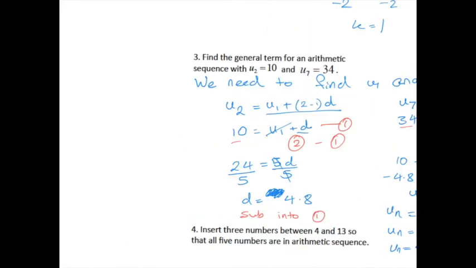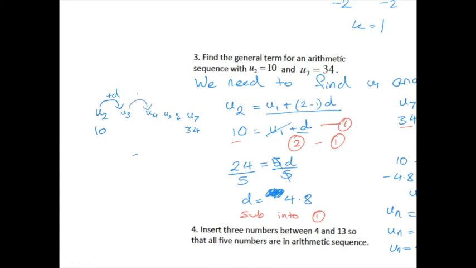So we've got basically U2 here, which is 10, and U7 over here, which is 34. How many terms are in between them, or what terms are in between them? U3, U4, U5, and U6. Okay, so to get from there to there, I would add a D, right?